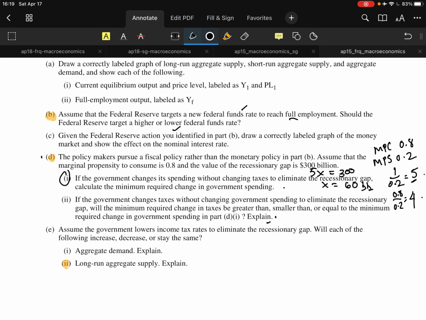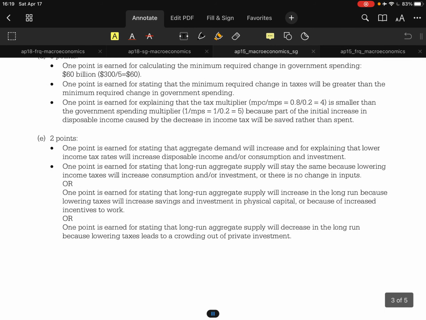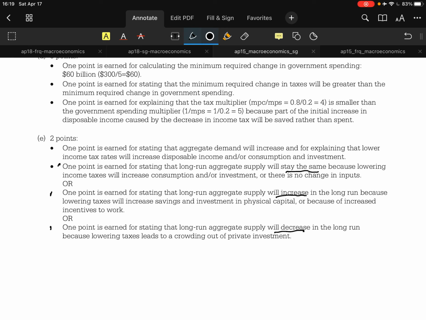All right, the last thing, and this is actually kind of interesting because the AP gives you a choice. So again, this one: increase, decrease, stay the same. But if you go to the scoring guidelines, which is pretty remarkable, they actually give you 3 possibilities for correct answers. So stay the same, increase, decrease, and provided you justify your answer, you could justify each of these.